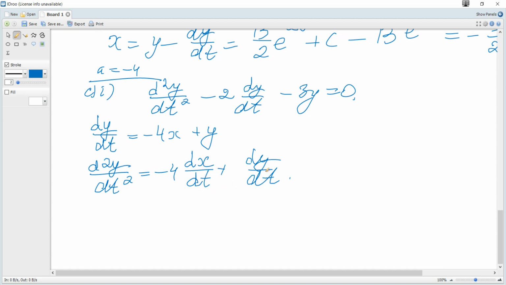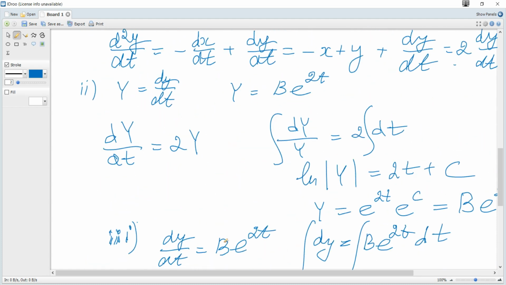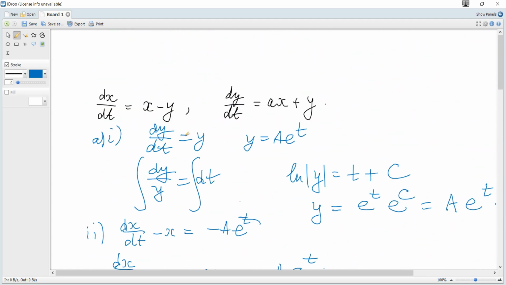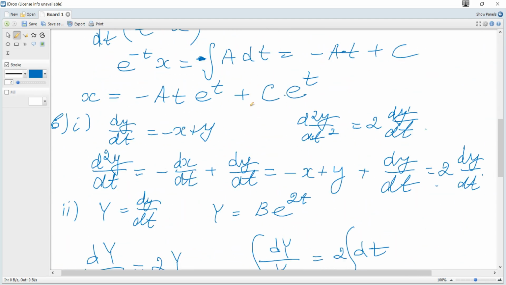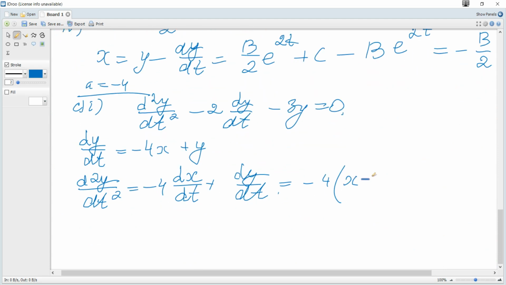We need it in terms of y only, so -4, and what is dx over dt? What can we use? We can use initial dx over dt is x minus y. It's x minus y plus dy over dt.